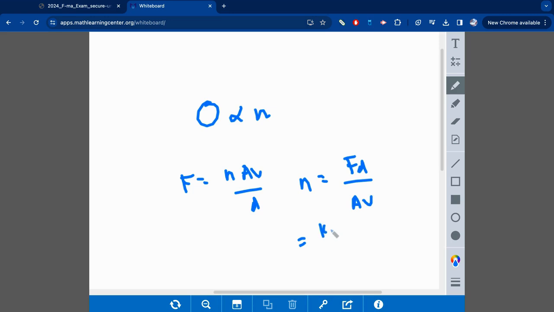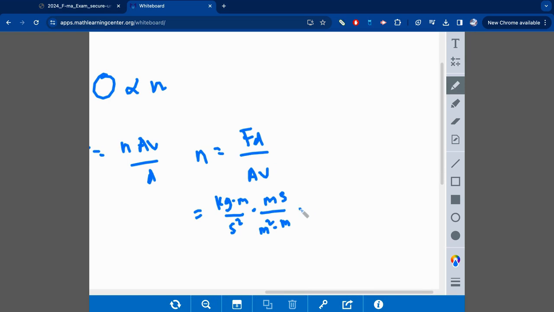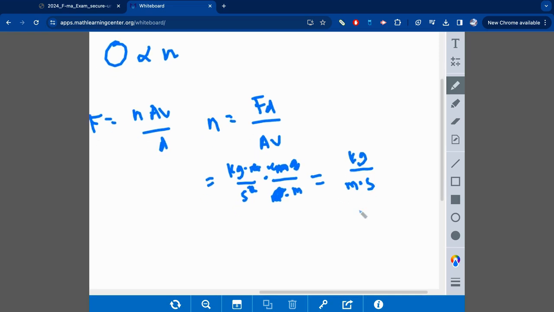So it's just units of force times D, which is meters, over m squared times m over s. So these go away, and it's kilograms over meters times seconds. So these are units of N.